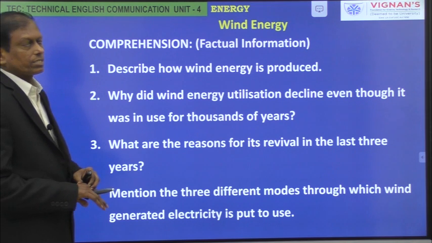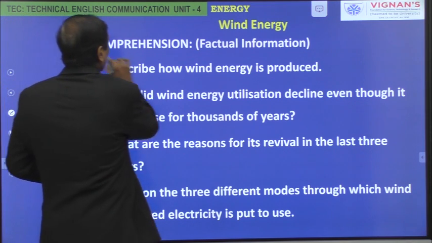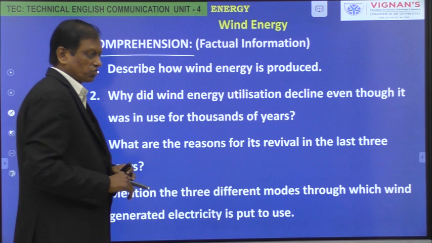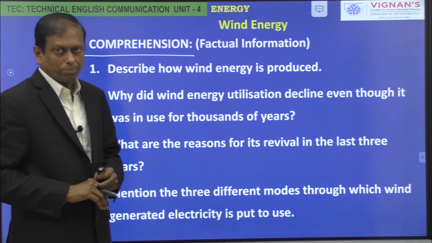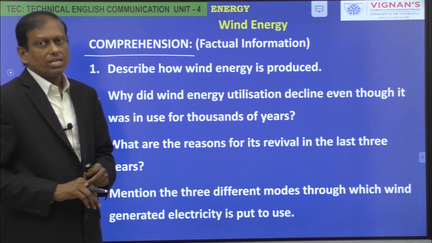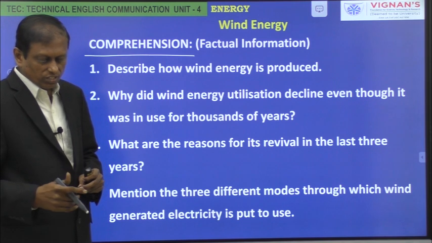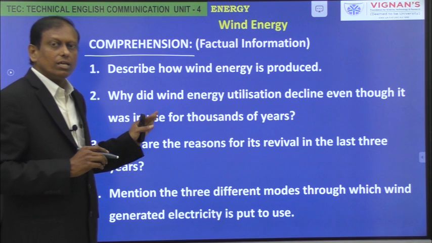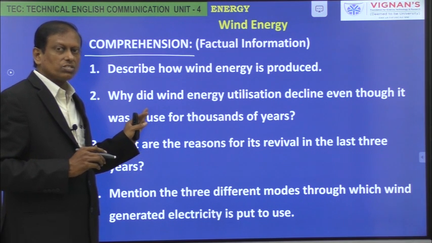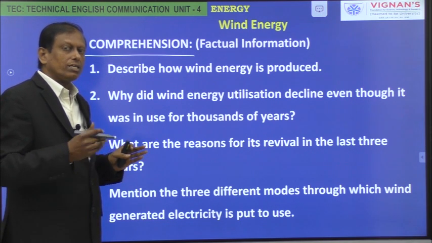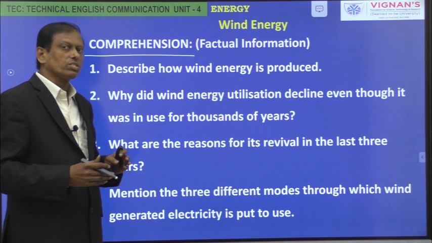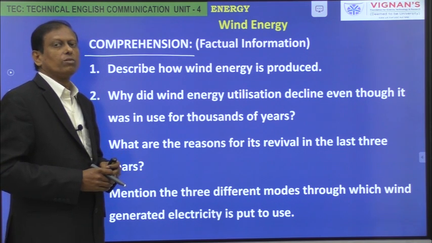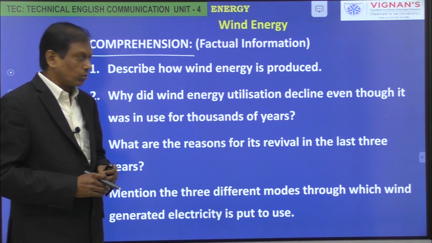Now look at our language work. Comprehension, understanding of the given passage. How can we check whether we understood it properly or not? When we have comprehension check questions, answering these questions will confirm whether we understood it properly or not.